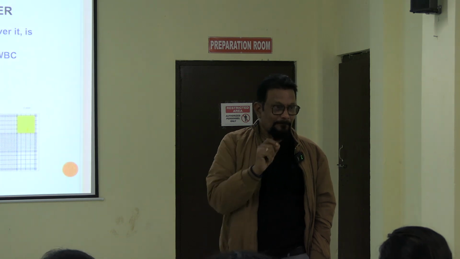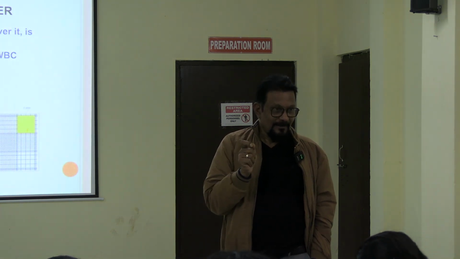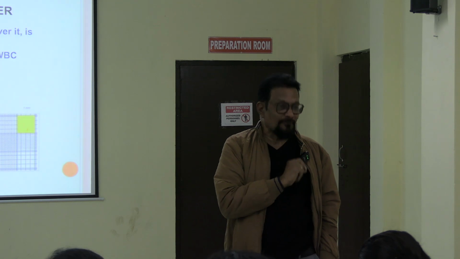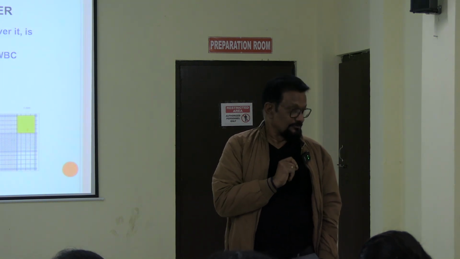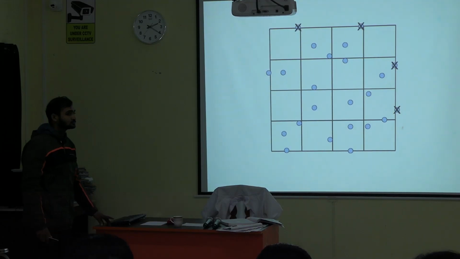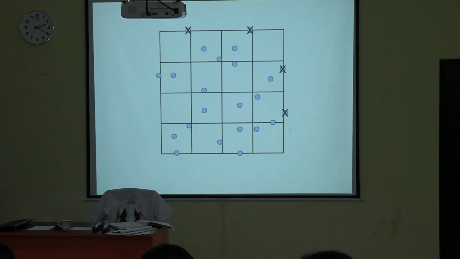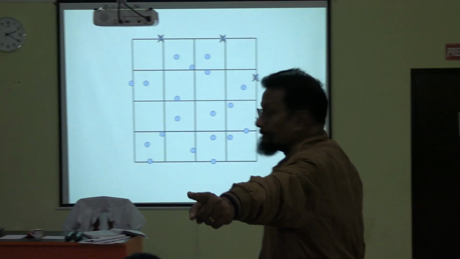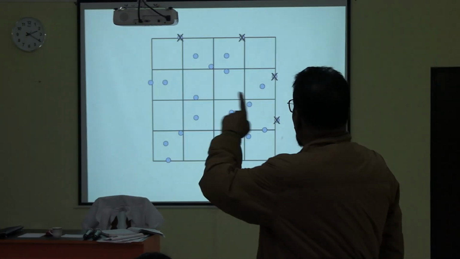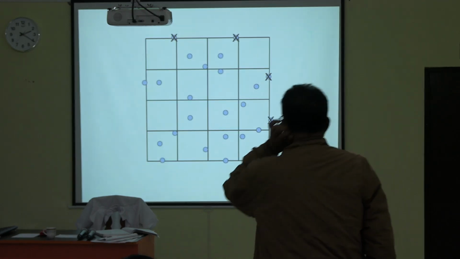And since their number is less than RBCs, it will be much easier for you to count. You can count very fast. So now I am giving you 20 to 30 seconds, count. Same principle.